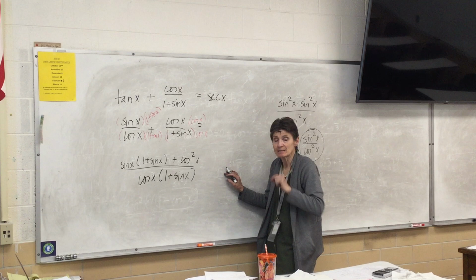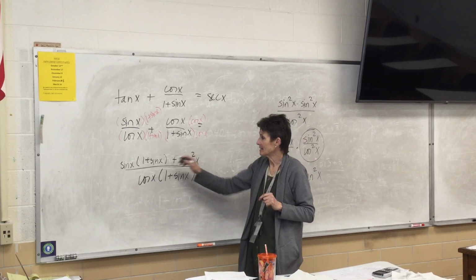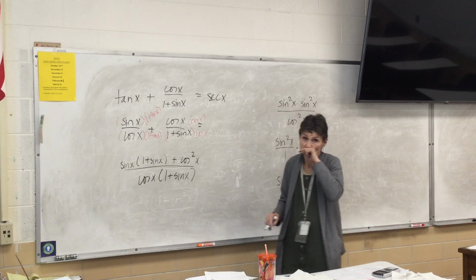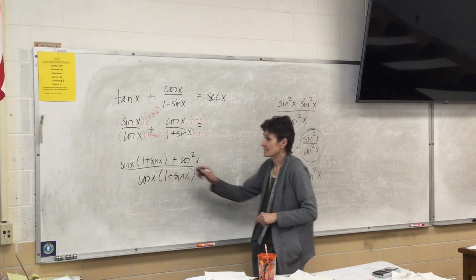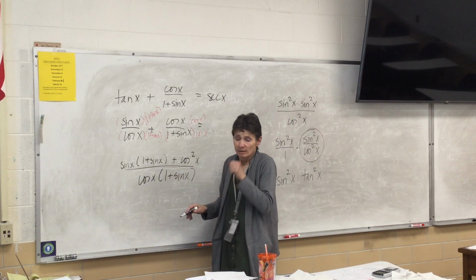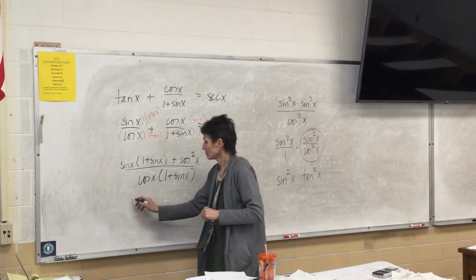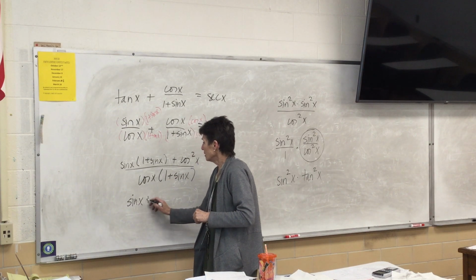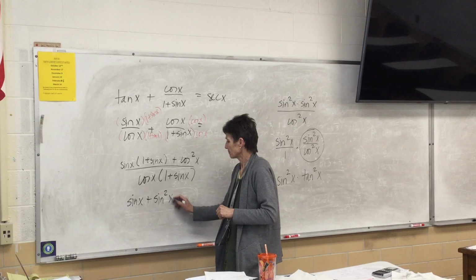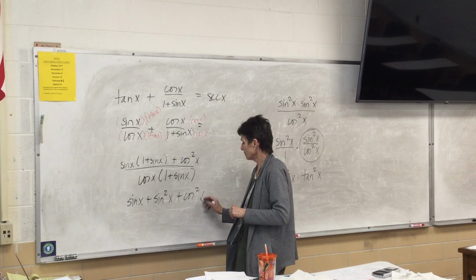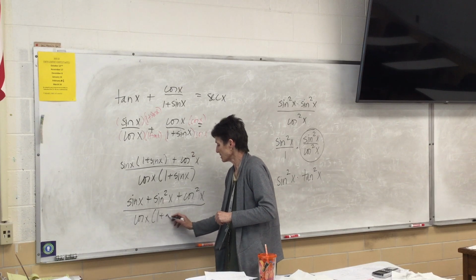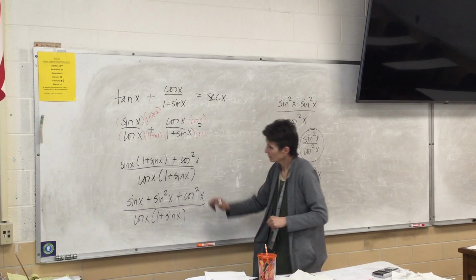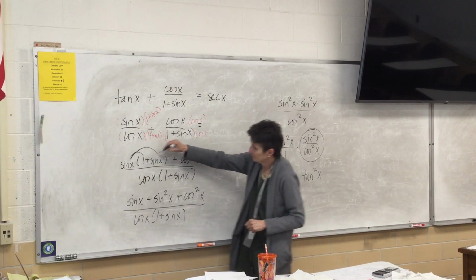You cannot cancel unless you can cancel the whole shebang. So don't. Instead, distribute. So sine plus sine squared plus cosine squared, all over cosine times 1 plus sine.